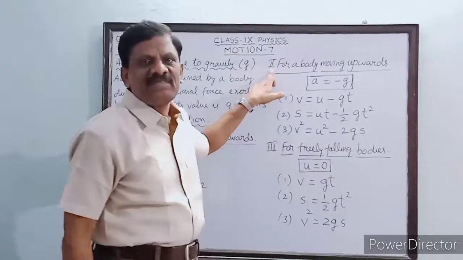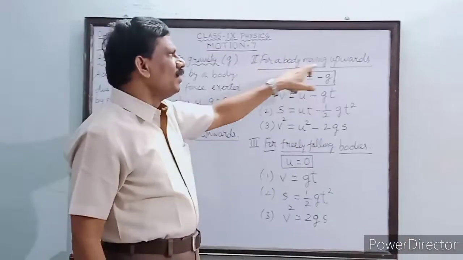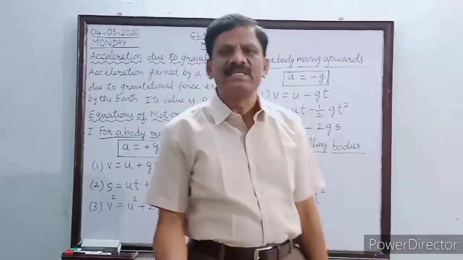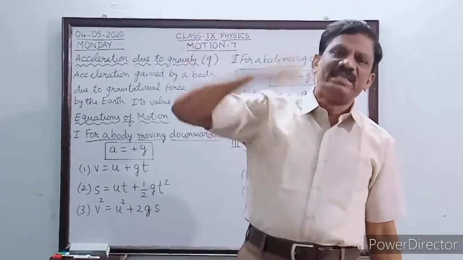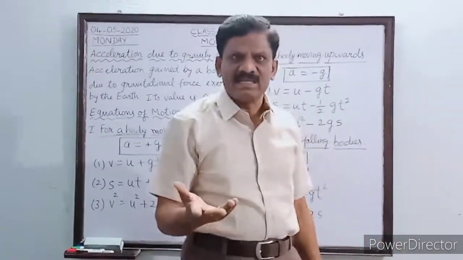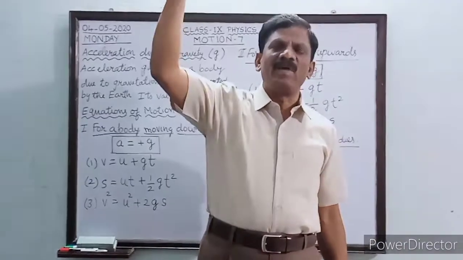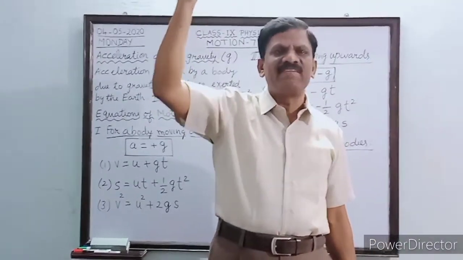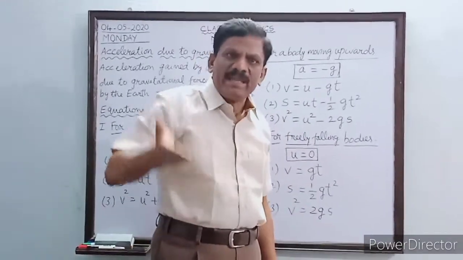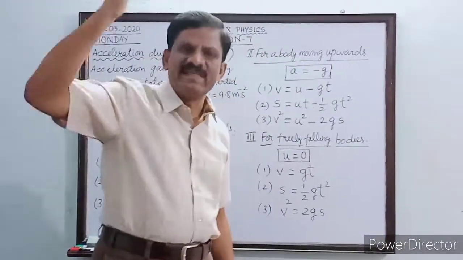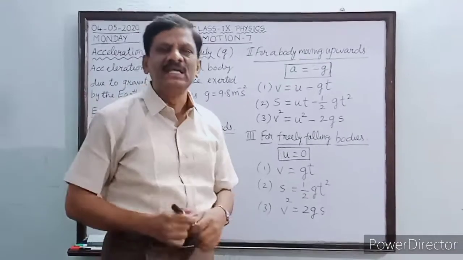Now the second set of equations are for a body moving in the upward direction. Suppose if an object is thrown up, as it is going higher and higher, its velocity is continuously decreasing, and when it reaches the highest point, momentarily it stops with the final velocity 0, and then it will return. Anyhow, while it is going in the upward direction, its velocity is continuously decreasing, so its acceleration will be negative.